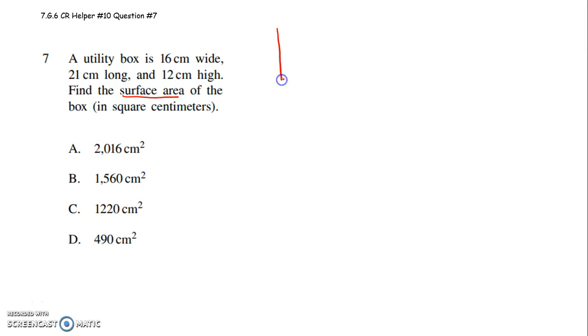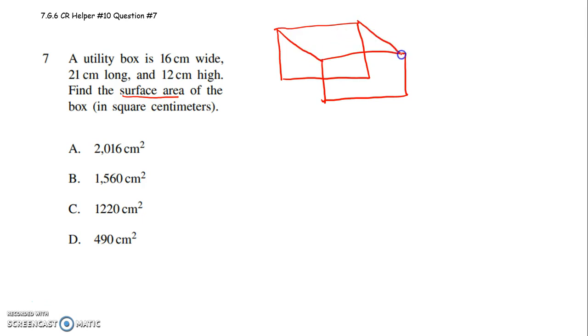So if I have a box, my box is going to look ugly. It is what it is. And I need to wrap the outer surface of this, maybe in wrapping paper, or if you're actually going to build the utility box, you need to know how much material you need to create the outer section of the box.